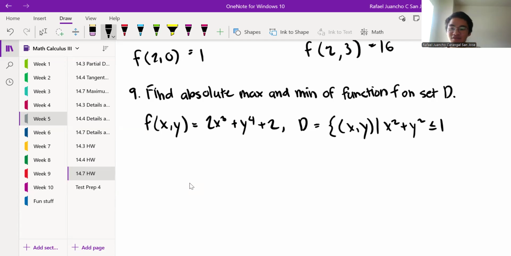So I'm talking about a unit circle here. And if it's less than or equal to, I'm talking about all of the points in the circle as well as on the circle. So on the circle, in the circle. That's what I'm talking about.